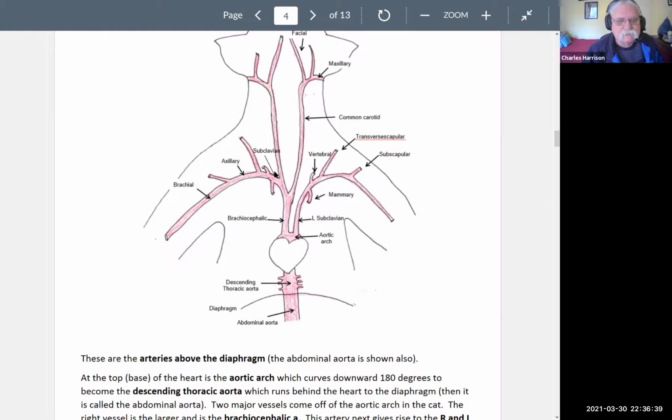Back up to the little subclavian, which is this. Remember, we're going to take this one out. And the next structure coming off is the transverse scapular. Here's the transverse scapular over here.